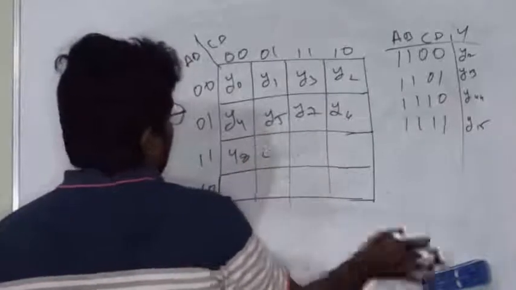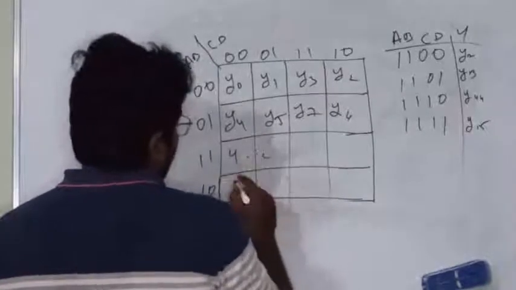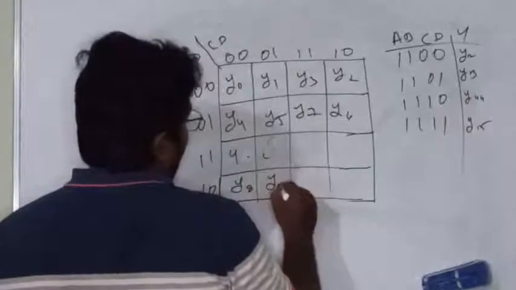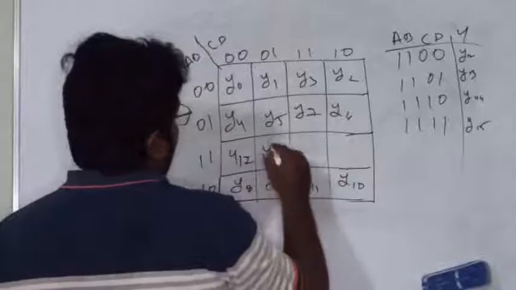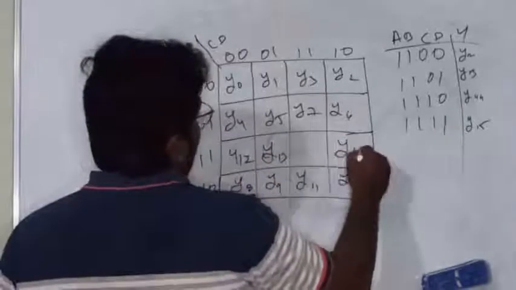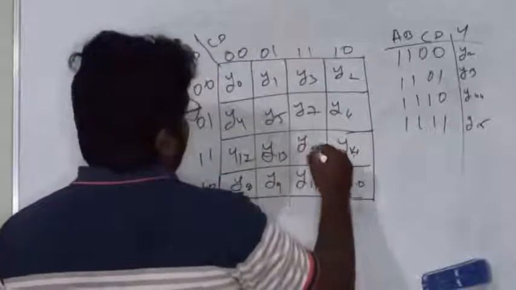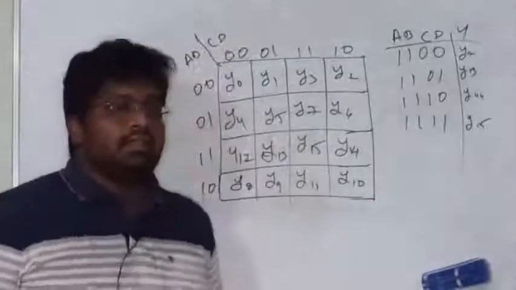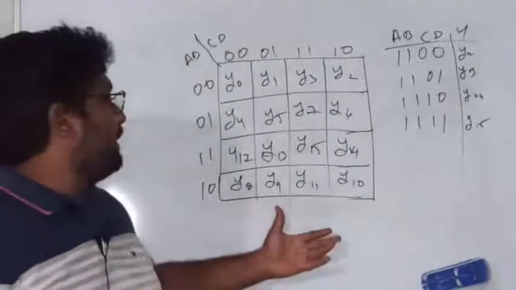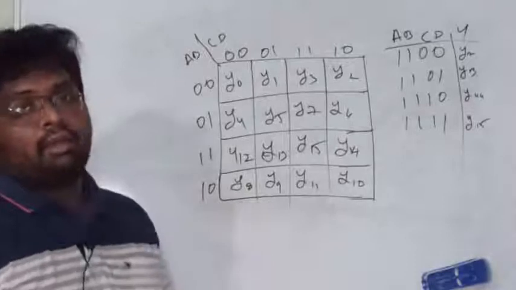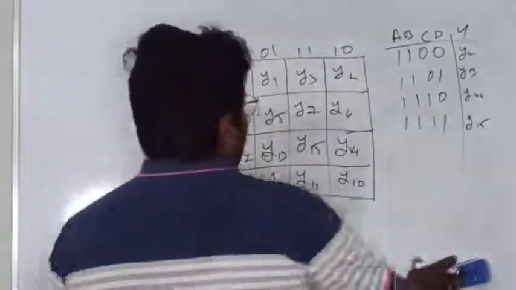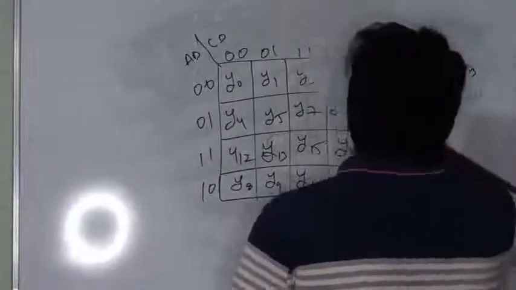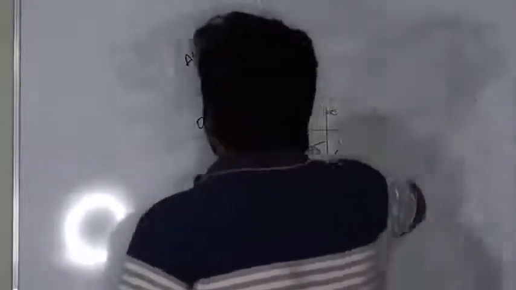Sorry, this one is y8, y9, y10, y11, y12, y13, y14, and this one is y15. This is how we will be representing the four variable K-map. Now let us take one example of the four variable K-map, and let's solve how to reduce the given Boolean algebraic expressions by using this four variable K-map.